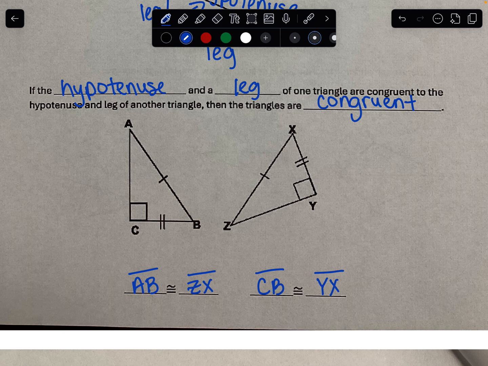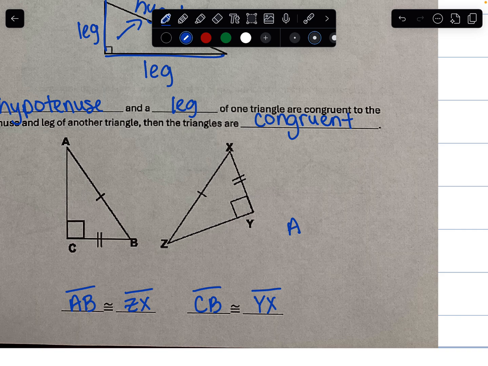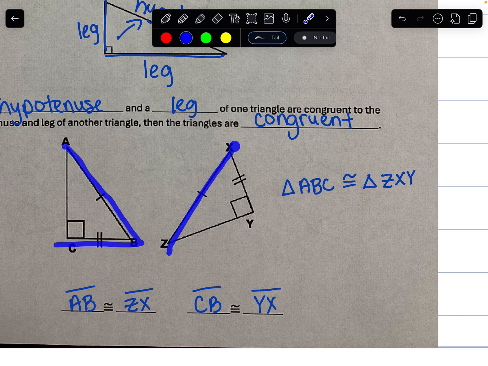So, since I have a hypotenuse congruent to itself and the other congruent to itself, then I can say triangle ABC is congruent to what triangle? ZXY. Good. Again, just as one reminder, I went through one side, through two sides. So I go through one, through two. Okay? Questions on either of those?